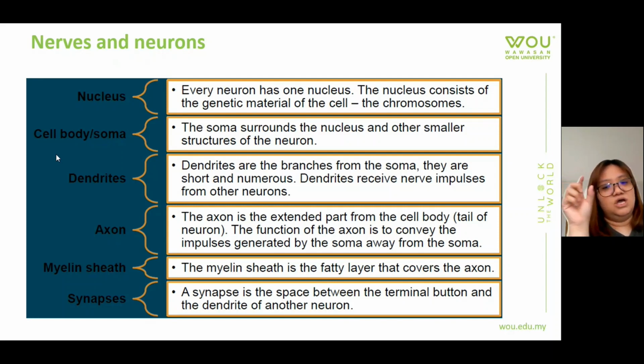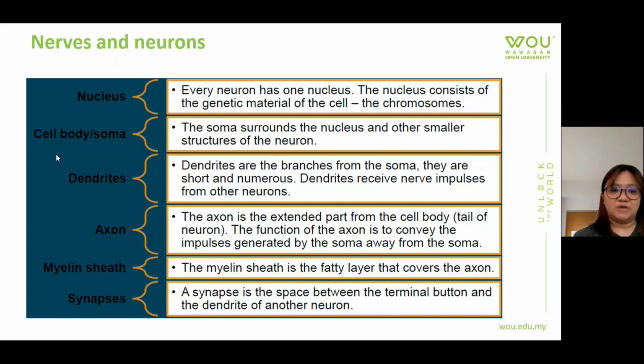It looks like the branches of a tree. They are normally short and numerous. Numerous means if we have a tree, we have all the branches, very heavy kind of branches. There are lots. The dendrites are responsible for receiving the nerve impulses from other neurons. So it's something like a receiver station.